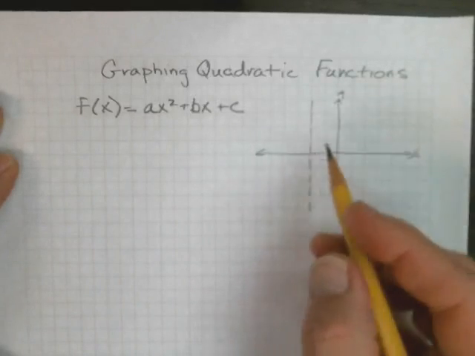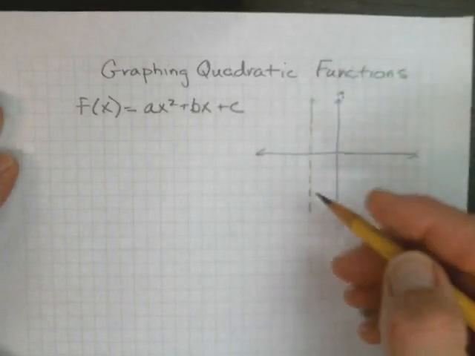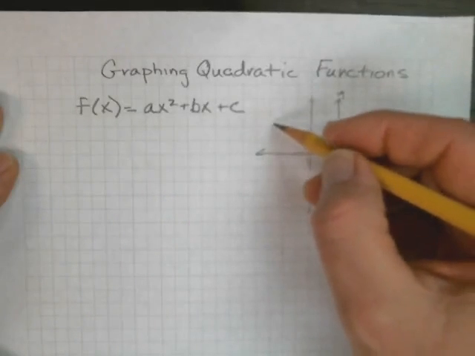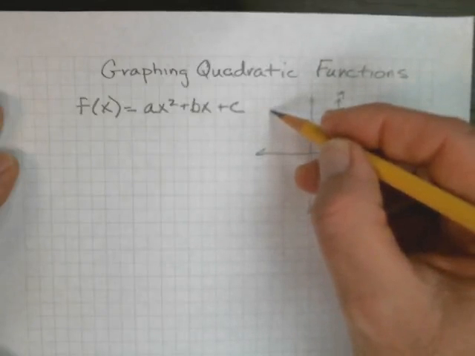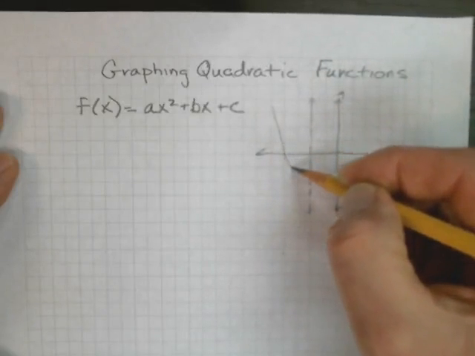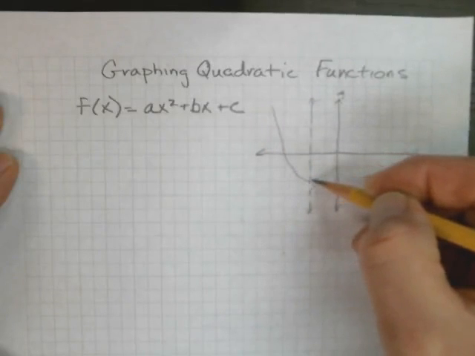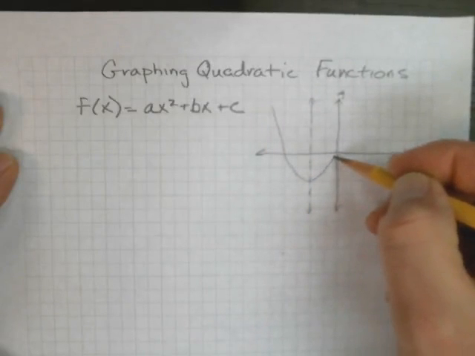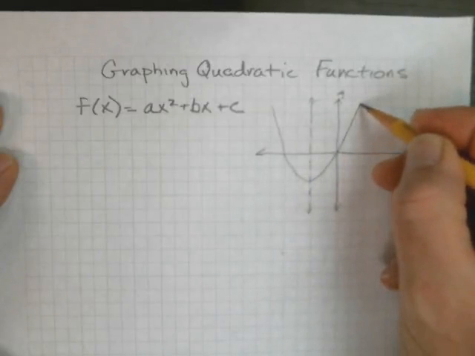So here's x is equal to -2. That's that line there. And this I'm going to say is going to be my axis of symmetry here. So I'm going to draw this, and let's say it goes through there, and then it curves here, and then let's say it goes here.